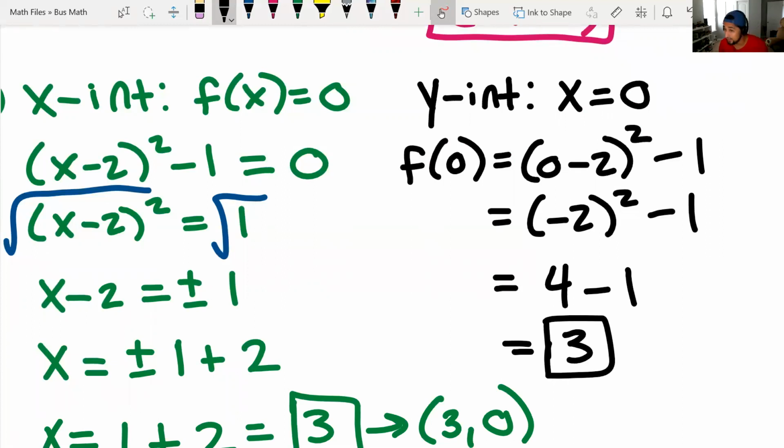Now translate that into a coordinate. 0, 3. Okay, x-intercept, y-intercept is done.